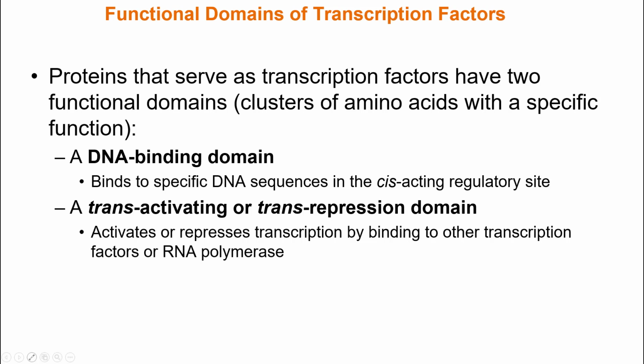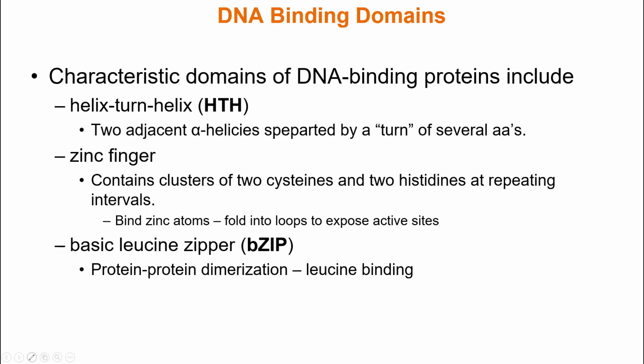It can also have a trans-activating or trans-repression domain. This is the part that activates or represses transcription by binding to not just the DNA, that's the DNA binding zone, but to other proteins, other transcription factors, or in some cases, RNA polymerase itself.